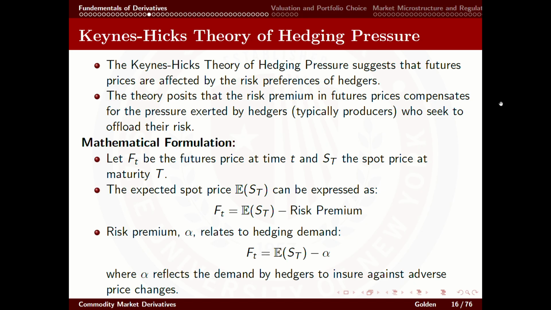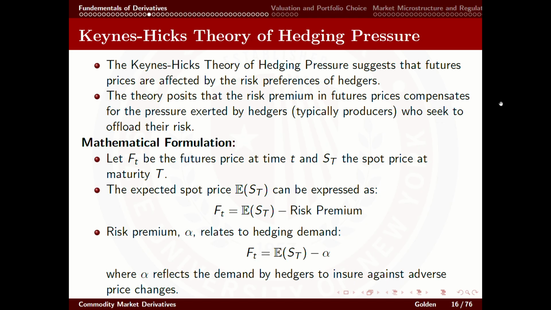Normally, in the traditional Keynes-Hicks theory of hedging pressure, and this is what I think Keynes was originally talking about and using as an example, he thought that farmers and producers tended to be more exposed than consumers, and they really wanted to offload risk, which means they were willing to sell at a future date at a lower price than the spot price because they wanted to lock in a price.